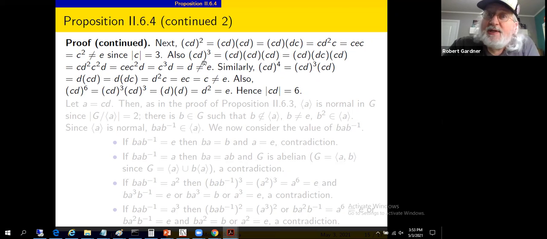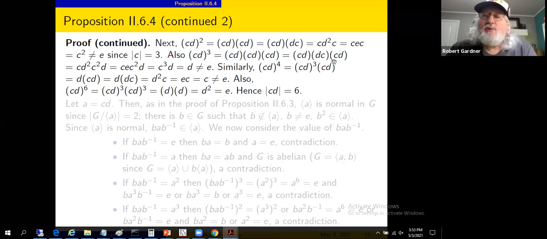Let's consider CD cubed. Right, so we're very much just going through case by case and beating this to death until we can find the order of that element. CD cubed, CD, CD, CD. Let's write that as CD, DC, CD. Then we get, let's see, there's a D squared and a C squared. It simplifies to C, D squared, C squared, D. Oh, but wait, D squared, that's the identity.